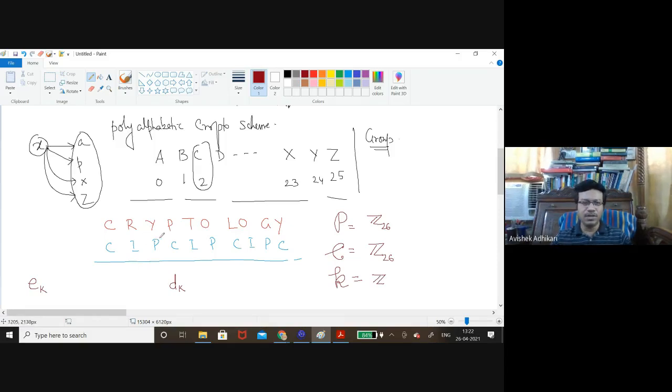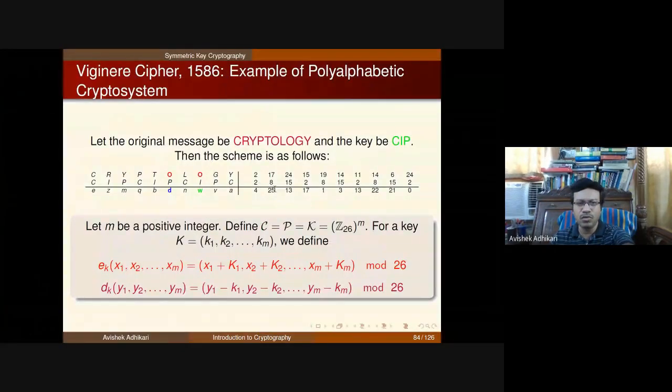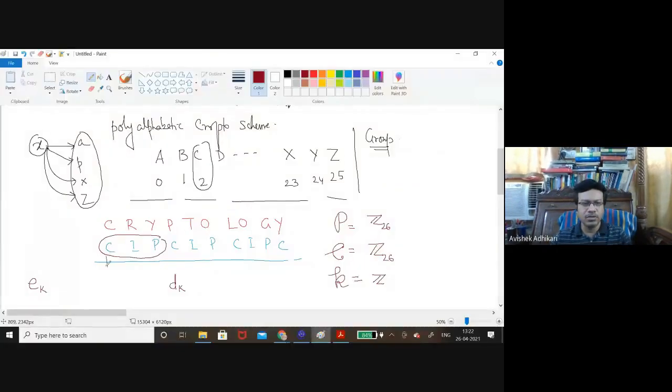The key was CIP, not only C. So it's basically an ordered tuple. The encoding of CIP was 2, 8, 15. So my key is basically a tuple, and it belongs to Z26 cubed.